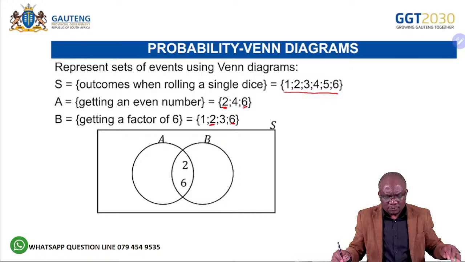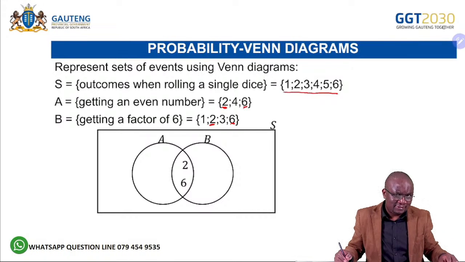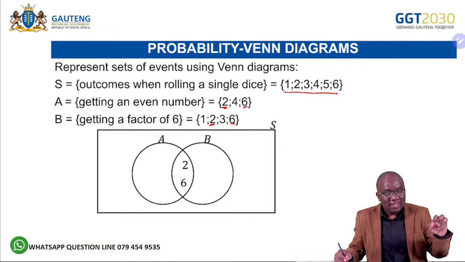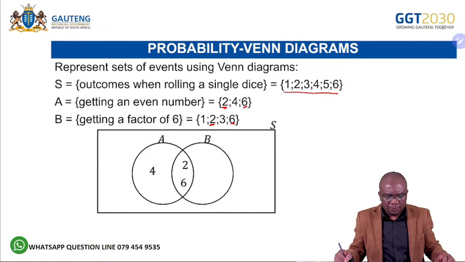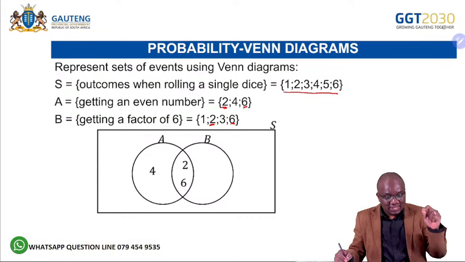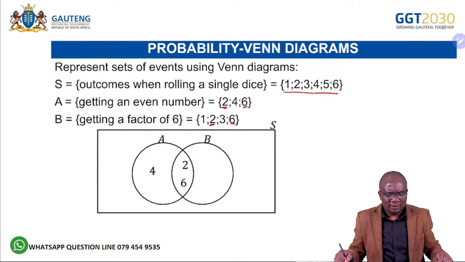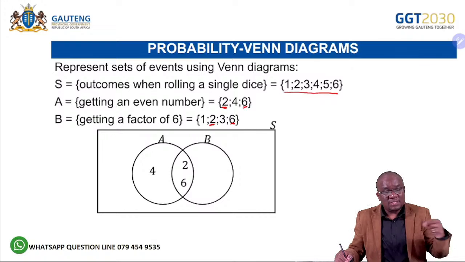Right. Let's fill in A now. Are we going to write the 2 again and the 6? We can't do that. We want A only now, which is found in A only. That is 4. You see that? 4 is not a factor of 6, but it is an even number. But 2 is a factor of 6 and an even number. 6 is a factor of 6 and an even number.